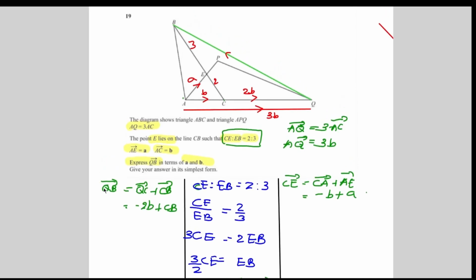Right. Now we need to get CB. To get QB, we need to have CB. CB can be taken this way: CB means CE plus EB. CE we have here as a minus b.